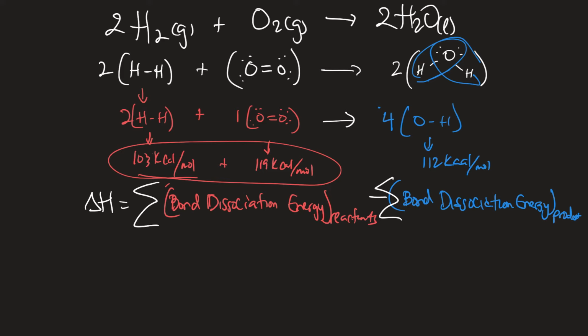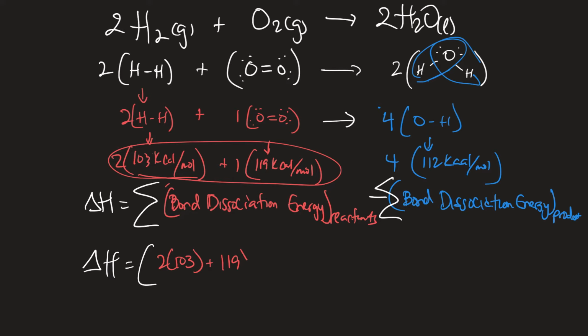Before we add this up, we have to make sure we multiply this number by 2. This one's really just by 1, but this number is by 4. So when we plug this in accordingly, we have delta H is equal to, in parentheses, 2 times 103 plus 119, minus, in these parentheses, 4 times 112.